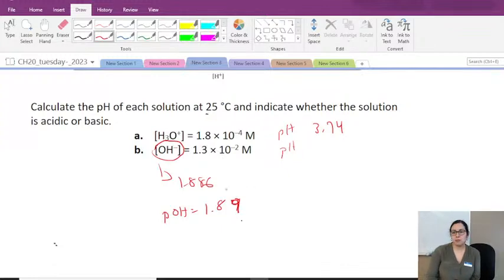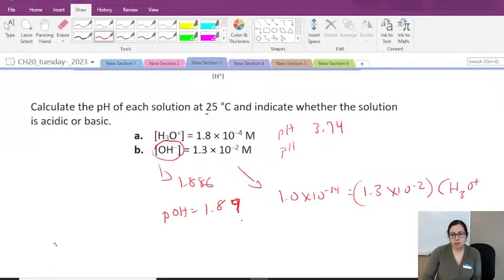And so what you could have done, since we don't know this yet, is find the hydronium concentration using our Kw. So 1 times 10 to the negative 14 is equal to this times hydronium.